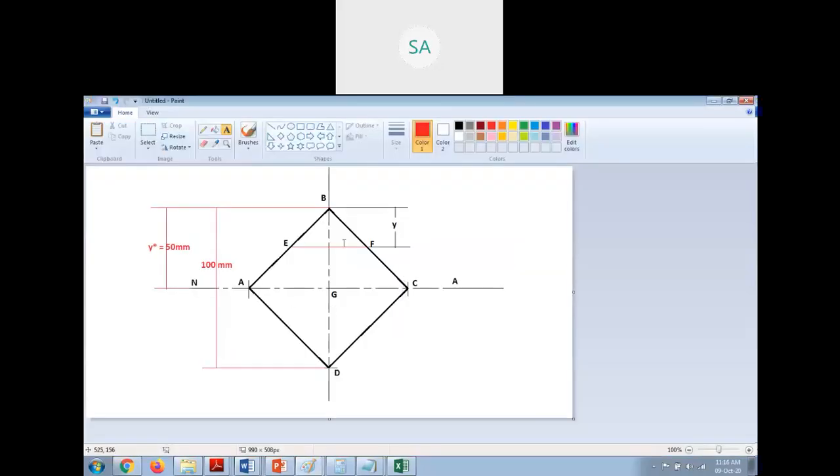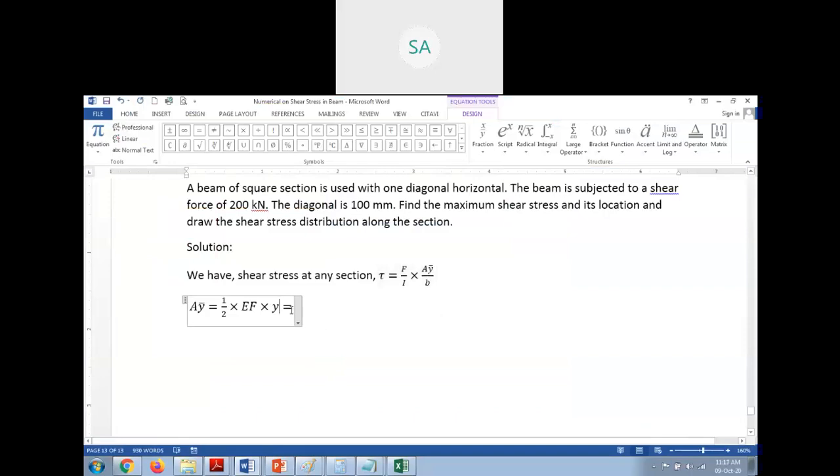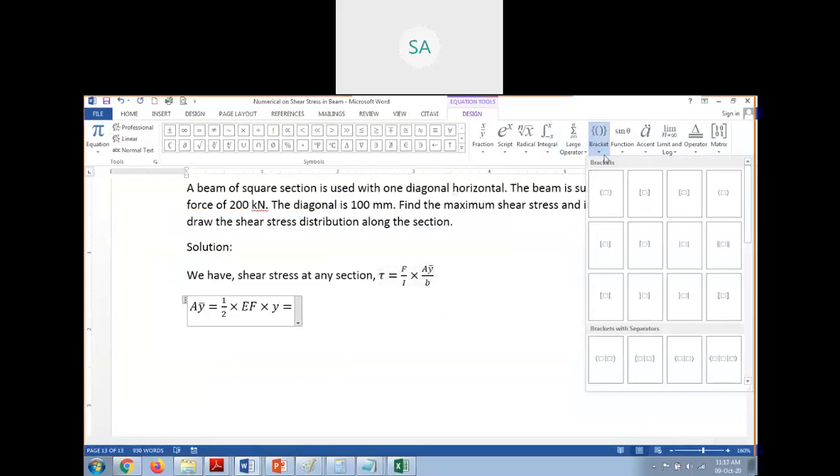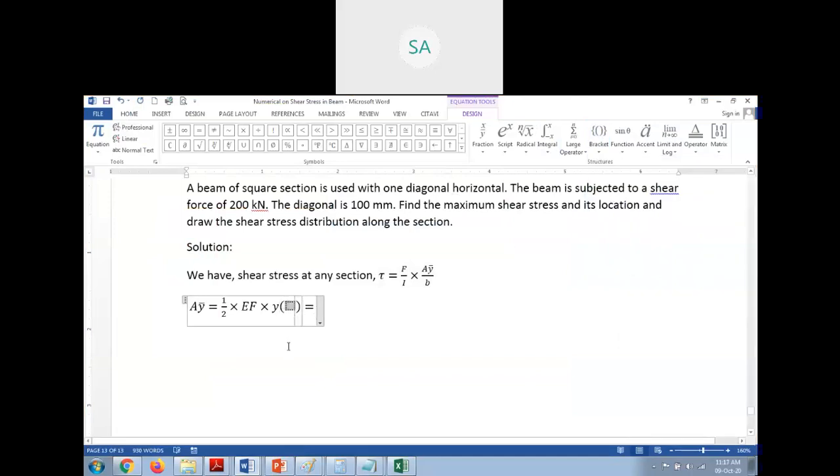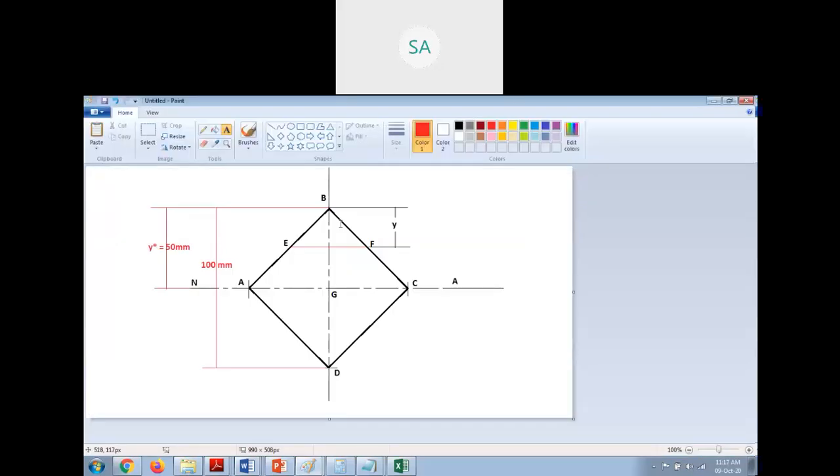This multiplied by the distance between the center of gravity of triangle BEF and the neutral axis NA. So I'll put a bracket into y star minus the location of the center of gravity of this triangle, which is at 1 by 3 from the base EF, or from the apex it is 2 by 3 y.